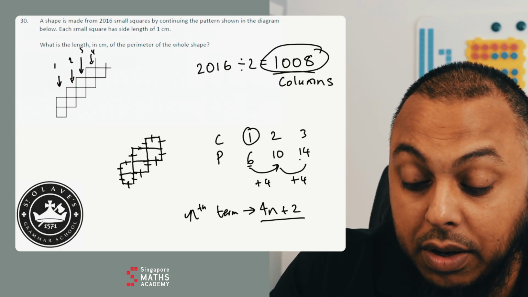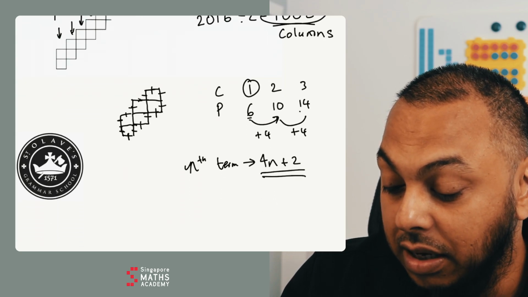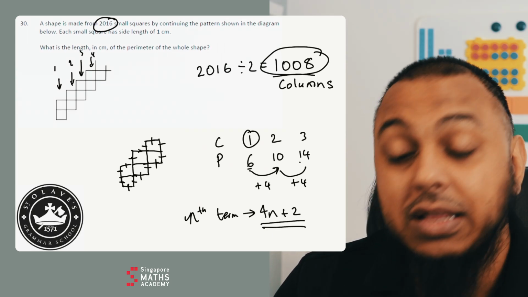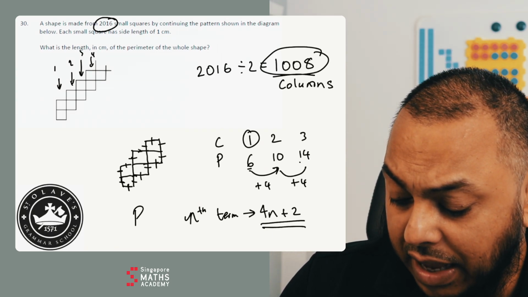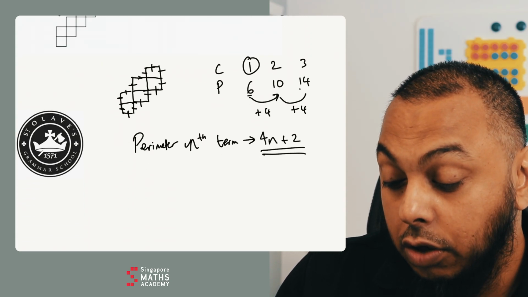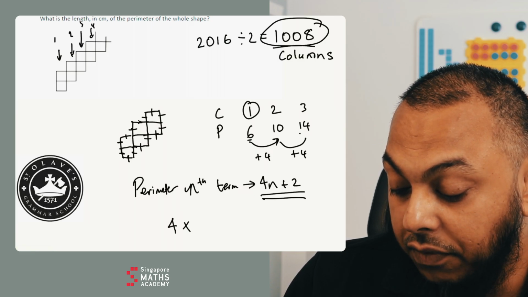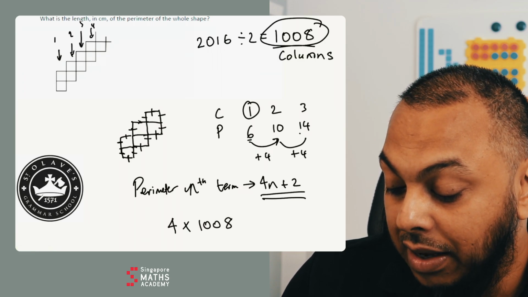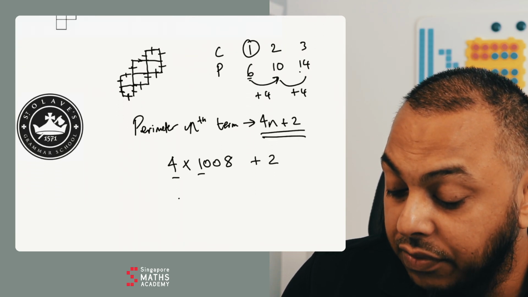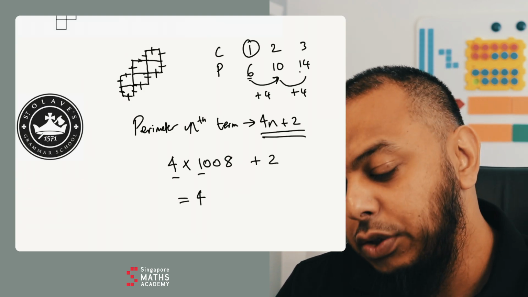In a shape that has 2016 squares, I can use my nth term, because the nth term tells me the perimeter. So let me write that here. Perimeter nth term. I know 1008 is the column, so it'd be 4 times 1008, and then I'm going to add 2. 4 times 1000 is 4000. 4 times 8 is 32.